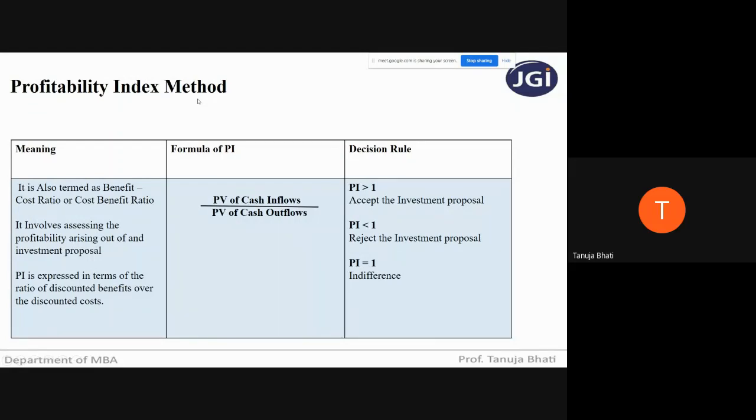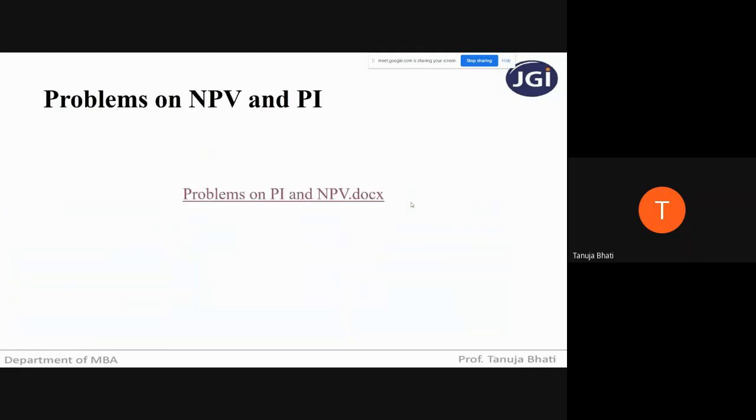Here you divide PV of cash inflows by PV of cash outflows. The decision rule is based on comparison with 1. If the profitability index is greater than 1, accepted; less than 1, rejected; equal to 1, indifferent, that is either you can accept it or reject it.